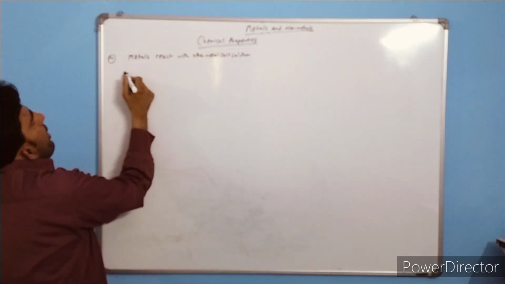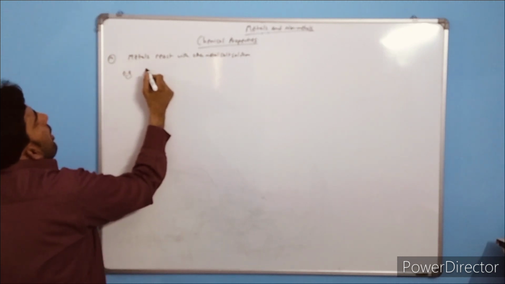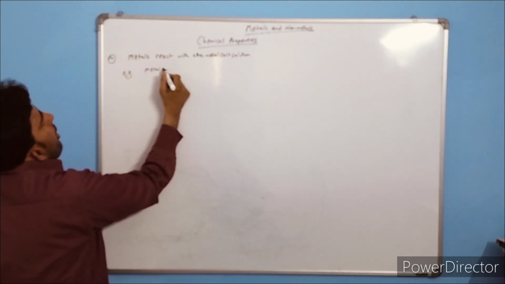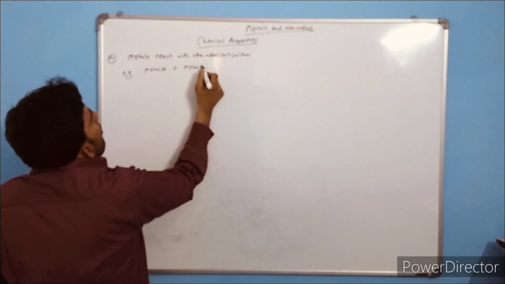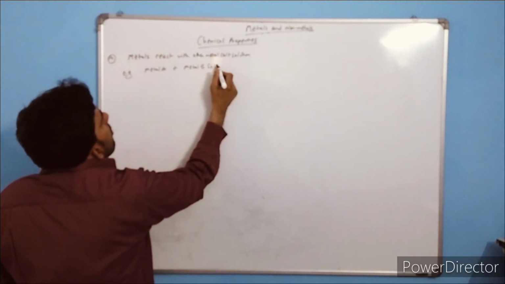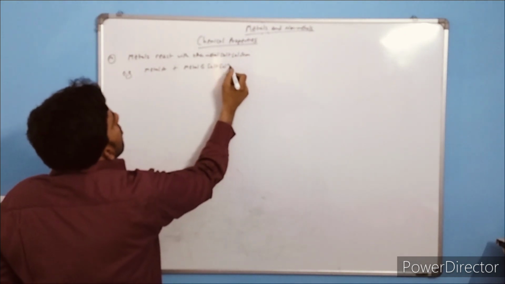For example, first I write metal A plus metal B salt solution. Okay, metal B salt solution.